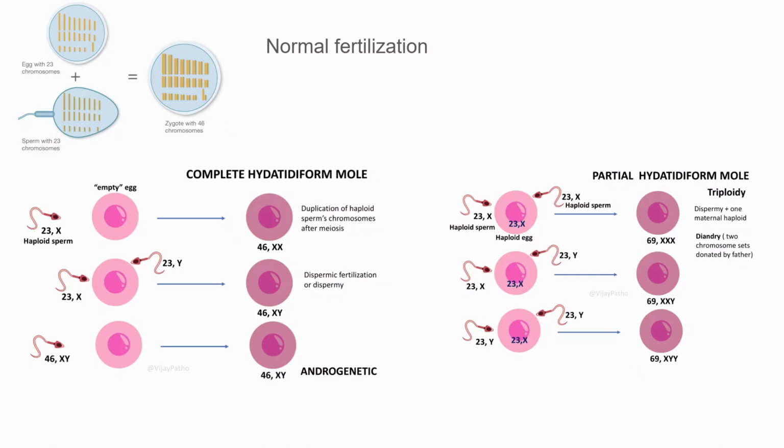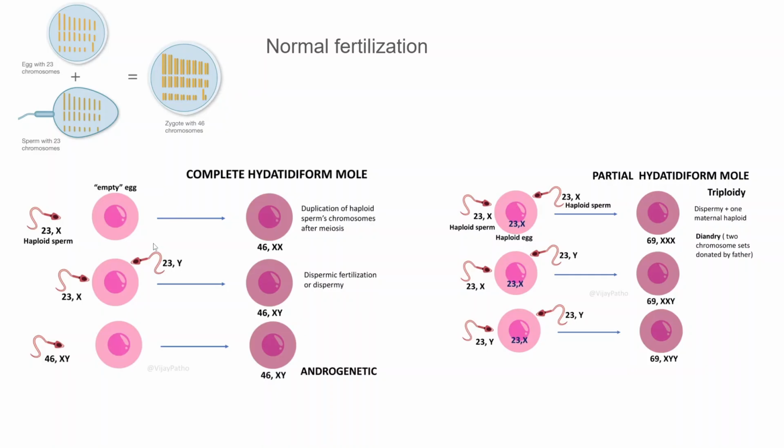Now the pathology of the moles, hydatidiform mole, complete and partial. In the normal situation, the two haploid gametes, male and female, merge together to form a zygote which has the diploid structure. That's X and Y, the contributions from both are added on, and hence there will be either an XX or XY structure.